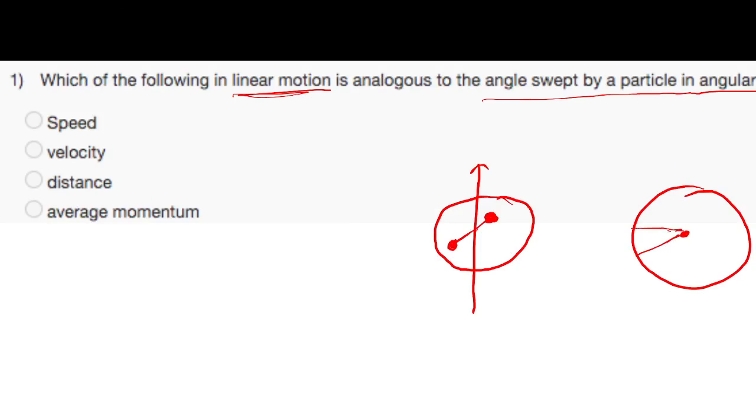So it swept some angle theta, and it traveled a distance x along the circle of radius r. So this theta is analogous to what for linear motion?